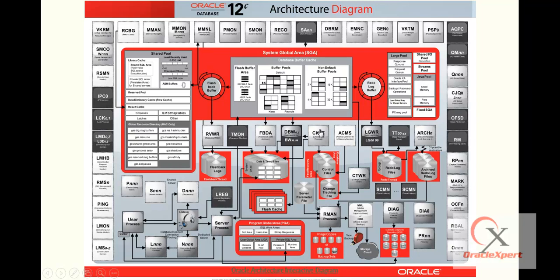CKPT, the checkpoint process. At specific times, CKPT starts a checkpoint request by messaging DBWN to begin writing dirty buffers. On completion of individual checkpoint requests, CKPT updates data file headers and control files to record most recent checkpoint details.